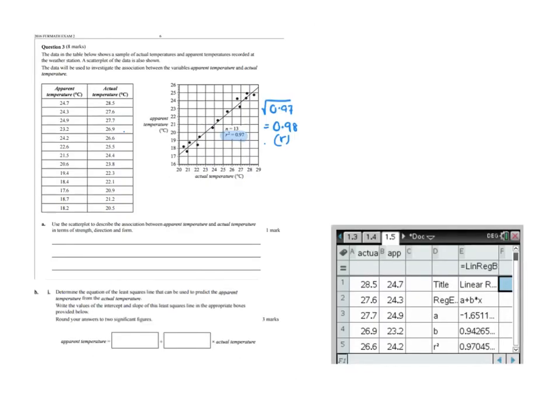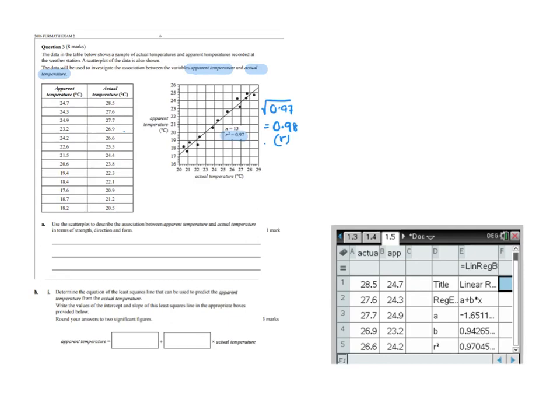Okay, this question: the data in the table below shows the actual temperature and apparent temperature recorded in the weather station. The data will be used to investigate the association between the variables apparent temperature and actual temperature. They love to use words that are very similar. See how apparent looks like actual visually, because they're both A's, so you need to be really careful and read.